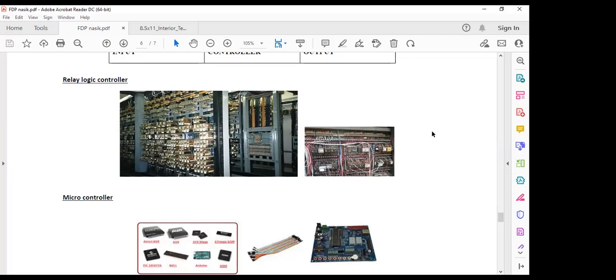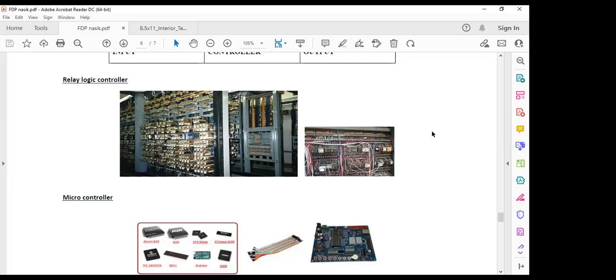Microcontroller is the main controller in academics, correct? Often students do projects on it. It is a good controller. In microcontrollers we now have advanced versions like Arduino.